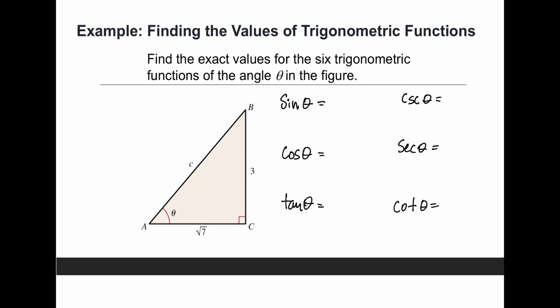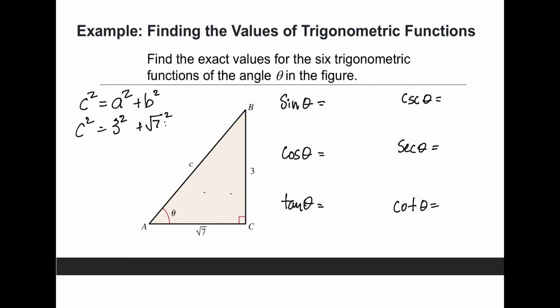So that's our hypotenuse. C squared equals A squared plus B squared. I'm just going to write that out. Then we have C squared equals A, which would be 3. So 3 squared plus square root of 7 squared.